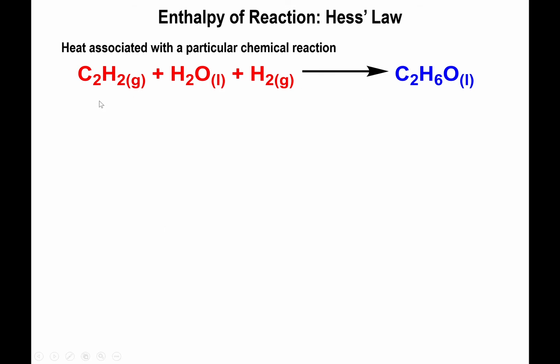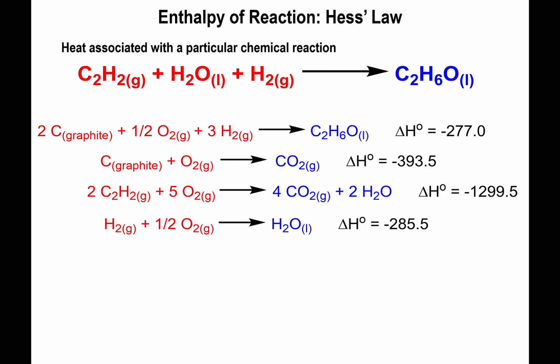So for instance, we could look at acetylene reacting with water and H2 to yield ethanol and ask ourselves the question, what's the delta H for this reaction? And if you're provided with a set of equations like the ones that I'm showing here, then what you have to do is manipulate those equations so that when you add them together, you end up yielding the desired equation you're looking for. So we're going to apply that entire process and see how it works out.